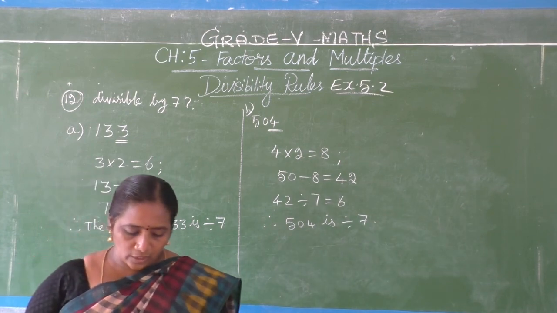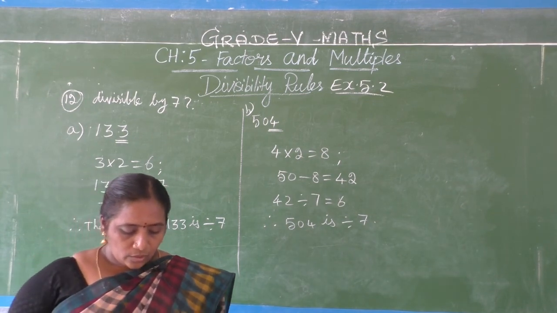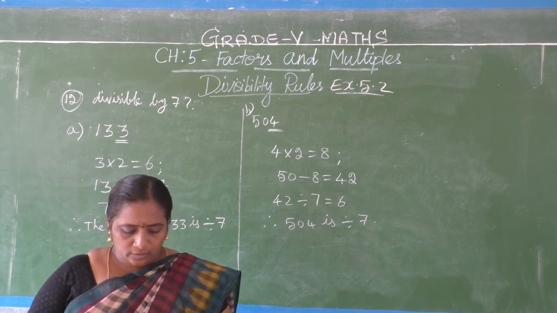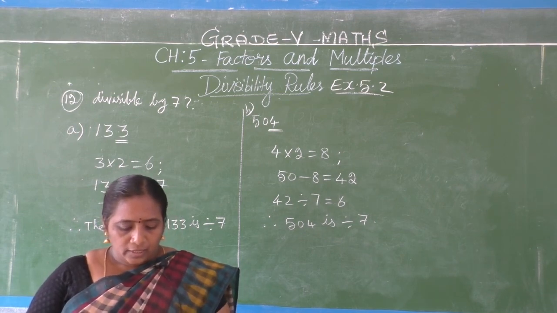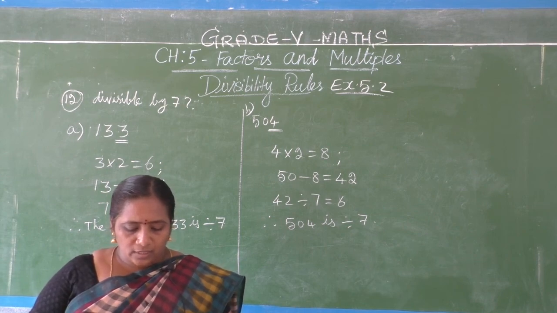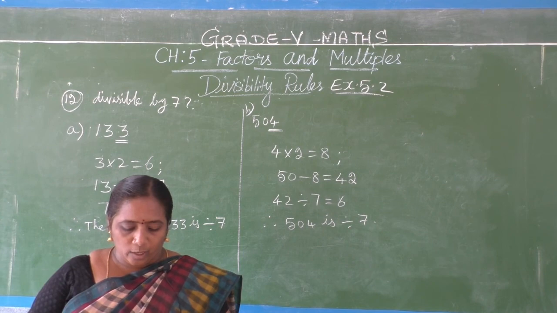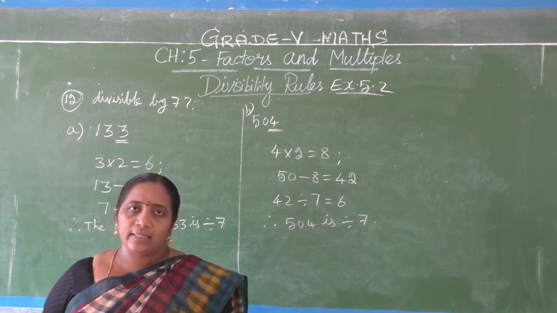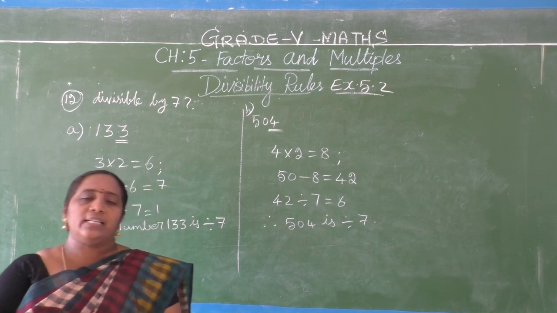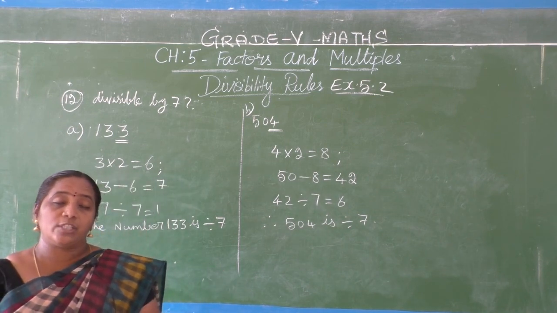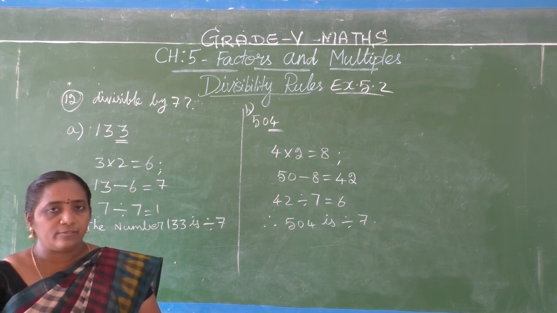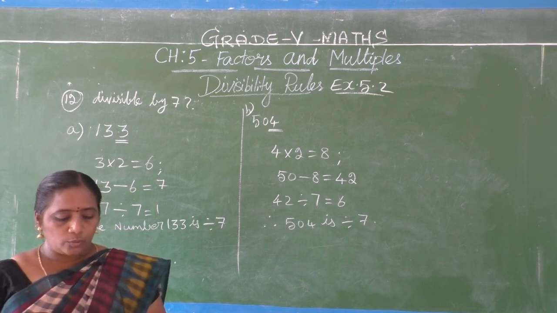Okay, so likewise we have to do. So the 13th and 14th ones are, leave it. Which of the following are divisible by 3 or 5 but not 15. So 15 means the same rule only. If a number is divisible by 3 and 5, then that number will definitely be divisible by 15 also.